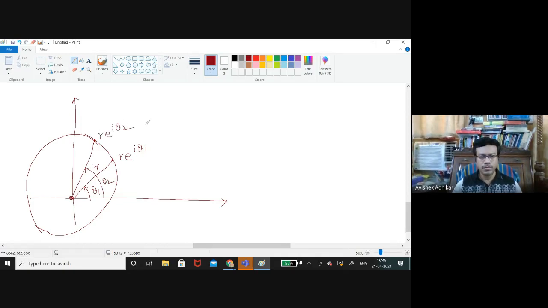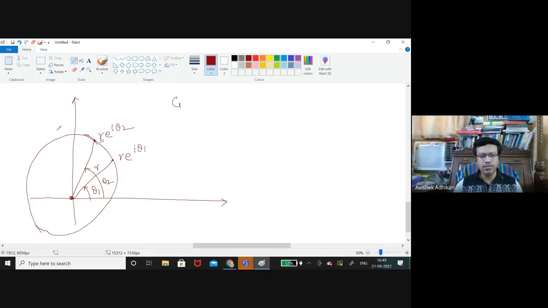is r e to the power i theta 2. Now suppose I want to construct a group whose points are on the circle. Okay, try to understand my problem. I want to construct a group whose points are on a circle of radius, say r.